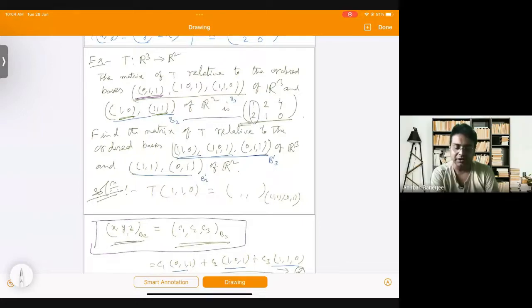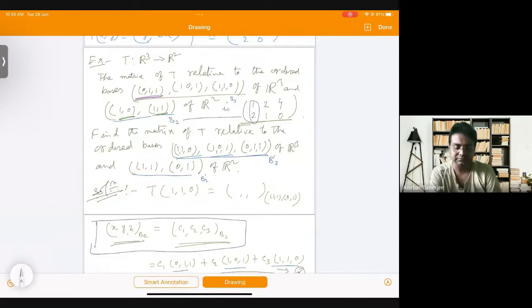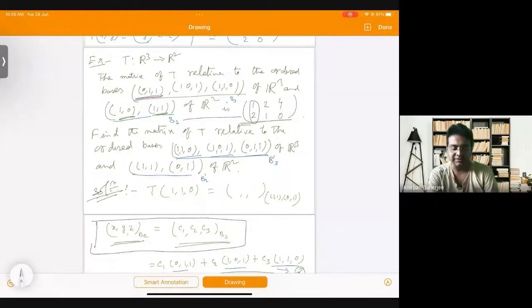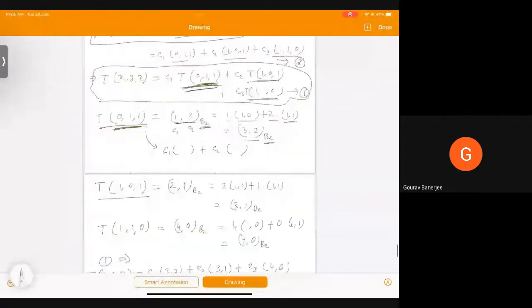Instead of going to general, I express those coordinates which were in B3 in terms of B3 dash, then I go from B3 dash to general, and then express that general in terms of B2 dash.